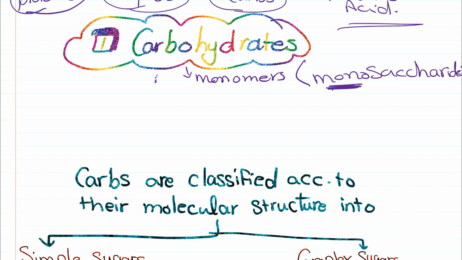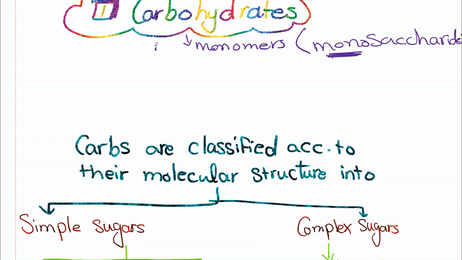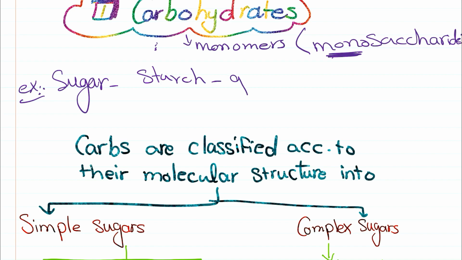So the simplest units of the carbohydrates are monosaccharides, formed of one sugar. What are the examples of carbohydrates? We have sugar or glucose, starch, glycogen, and cellulose, many examples.